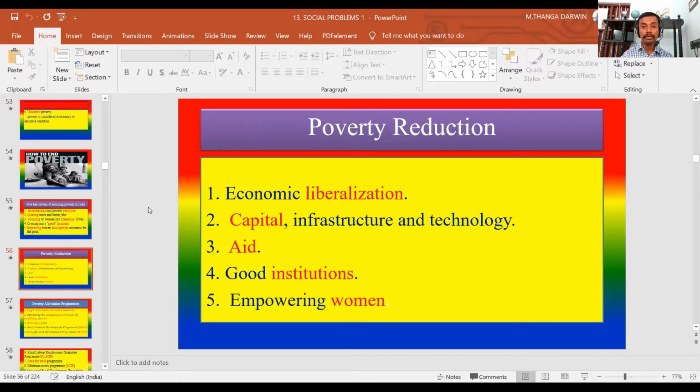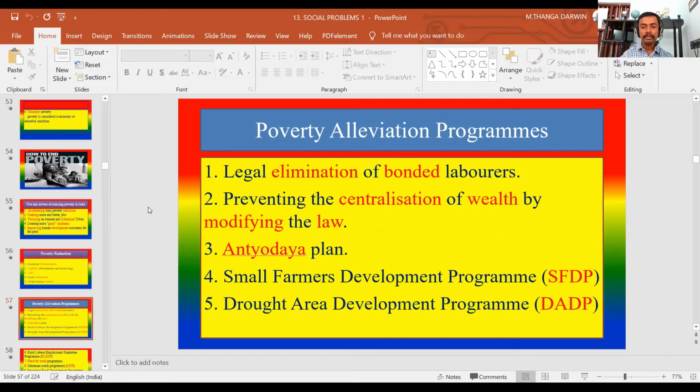Then empowering women, which is the primary one. In every family, when women become empowered, they can reduce poverty. Then poverty alleviation programs in India: elimination of bonded labor, decentralization of wealth, modifying law, then Antyodaya plan.